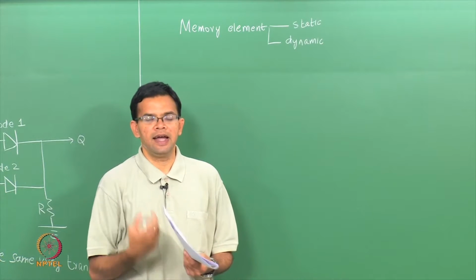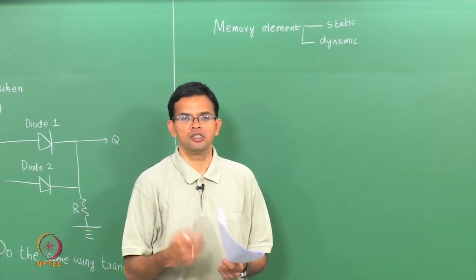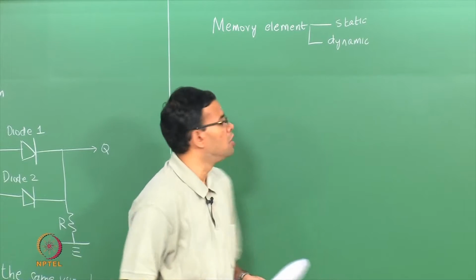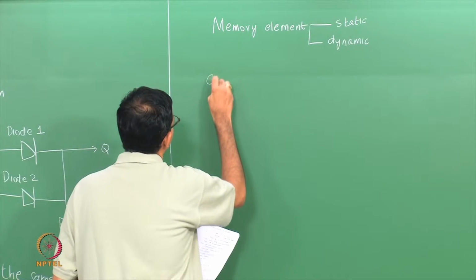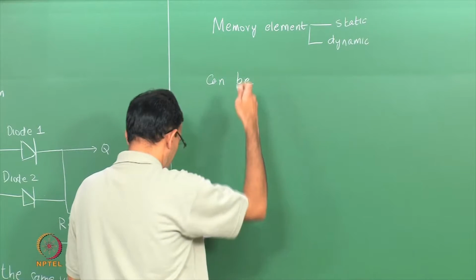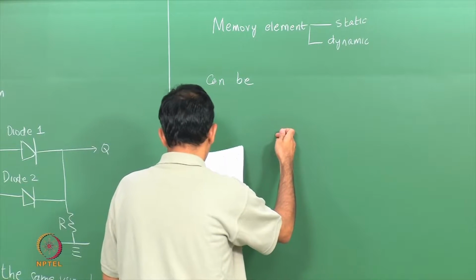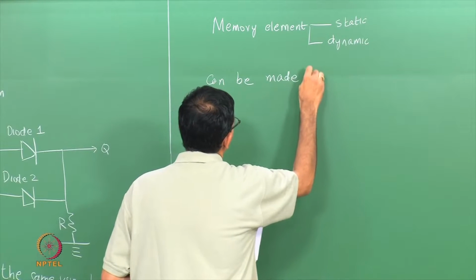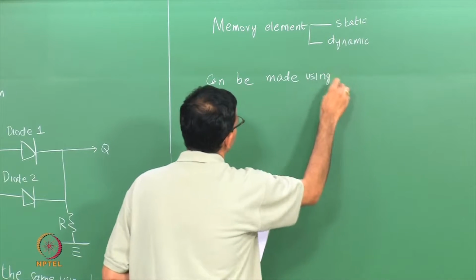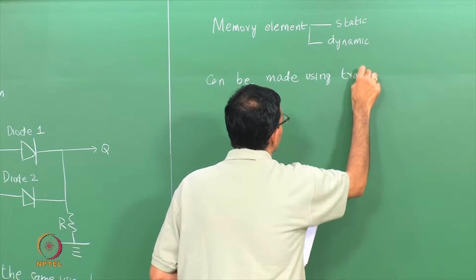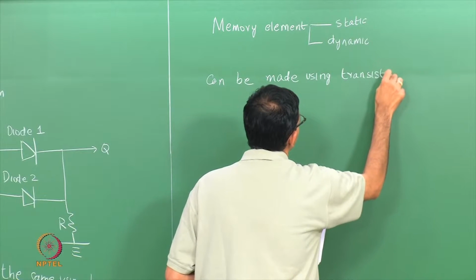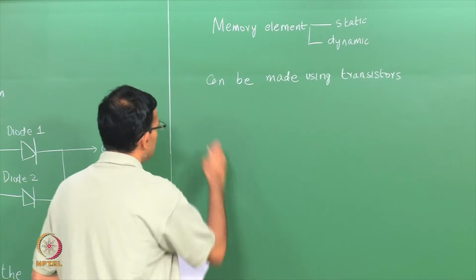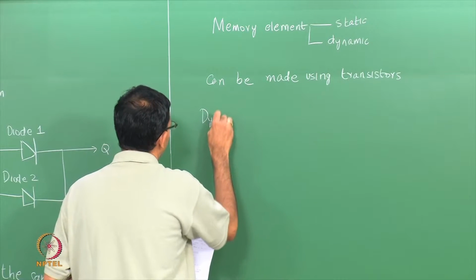On the other hand, a dynamic memory has to be constantly refreshed in order to store the particular value. So, memory elements can be made using transistors. So, to give you an example, consider a dynamic memory element.